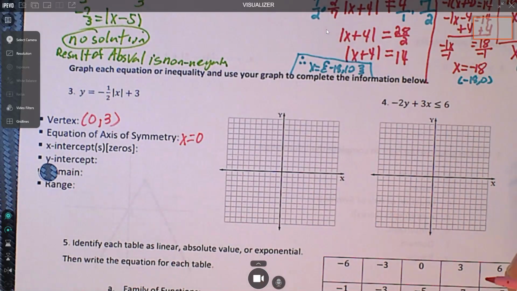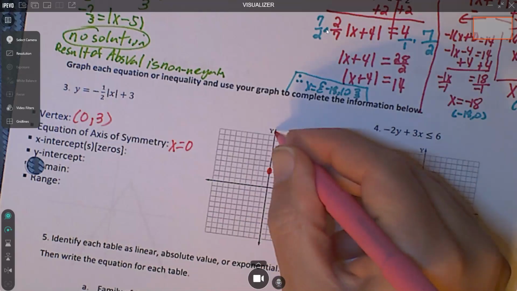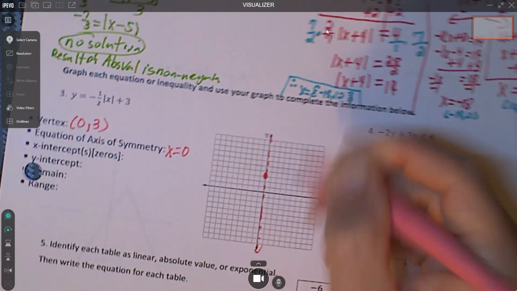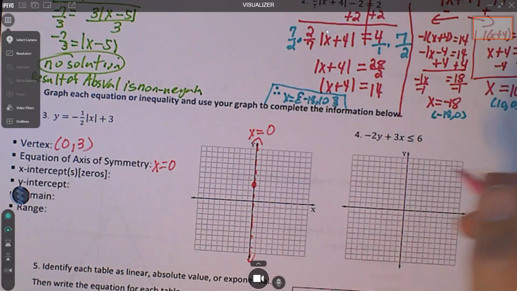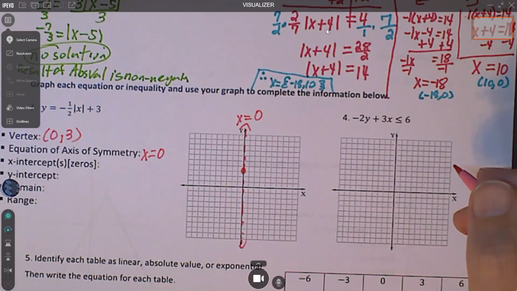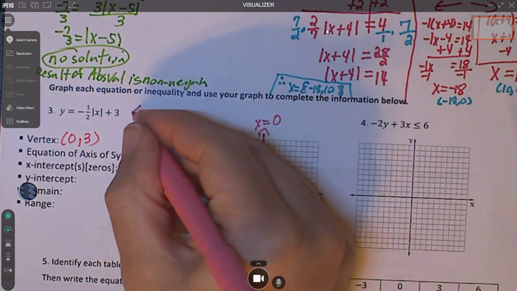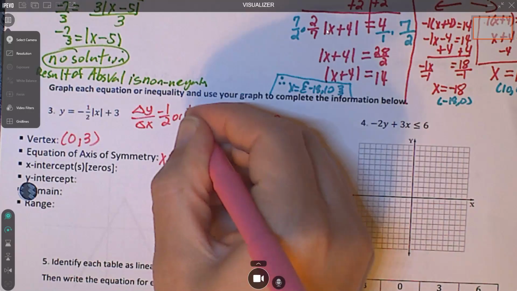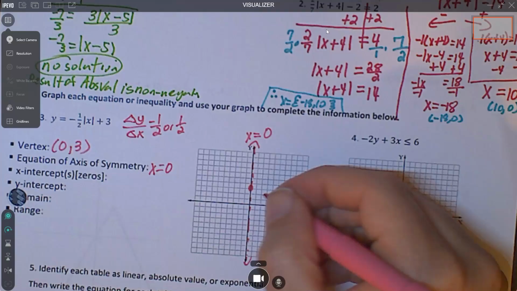The y-axis has all x's that are 0. So we go down 1, right 2.